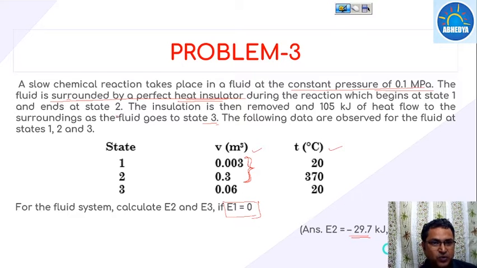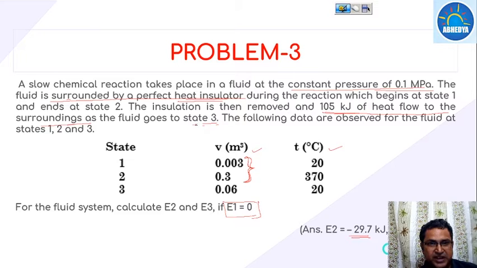Now from state 2 to 3, the insulation is removed. So we are now moving from state 2 to state 3. Insulation has been removed and 105 kilojoule of heat flows to the surroundings, meaning this much heat flows from the system to the surrounding as the fluid goes to state number 3.